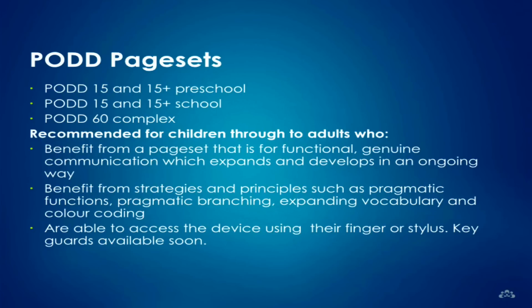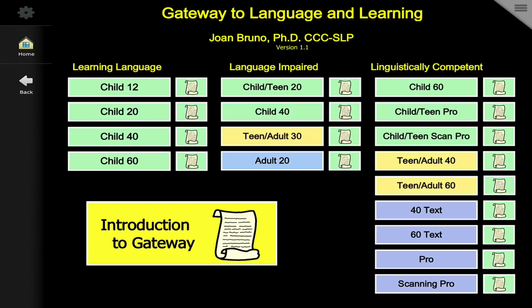So next page set we're going to have a look at is the Gateway page set, and that's the final premium page set before we look at a few other settings and look a little bit more deeply into the MyDynavox option. This is the Gateway to Language and Learning page set by Joan Bruno.